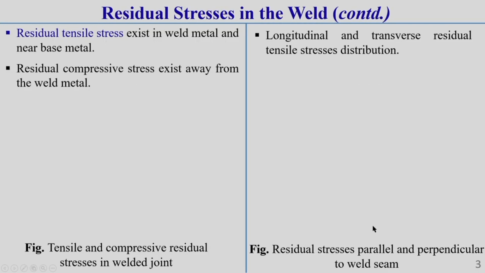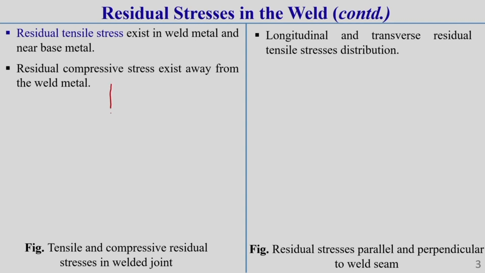Now I am going to show you how the residual stress is distributed over the entire weld specimen, because residual stress is a self balancing type of stress; the force developed due to residual stress is self balancing. That is why I want to show how the residual stress is distributed in a weld specimen.